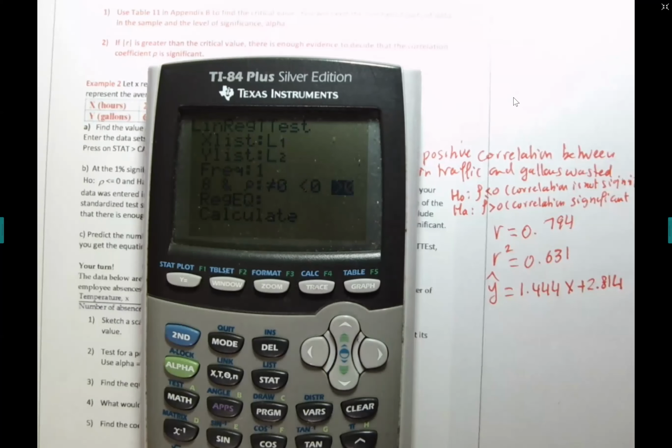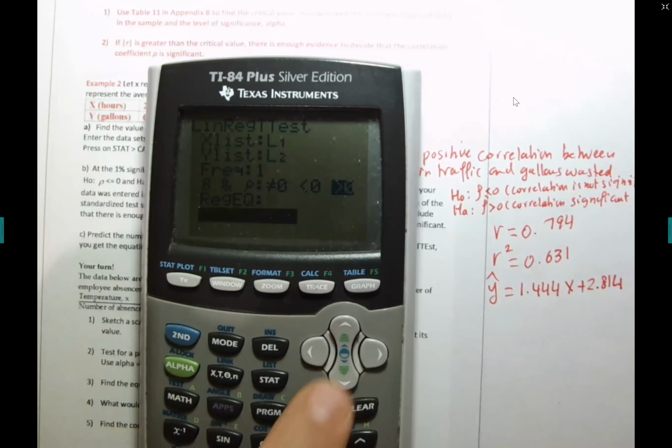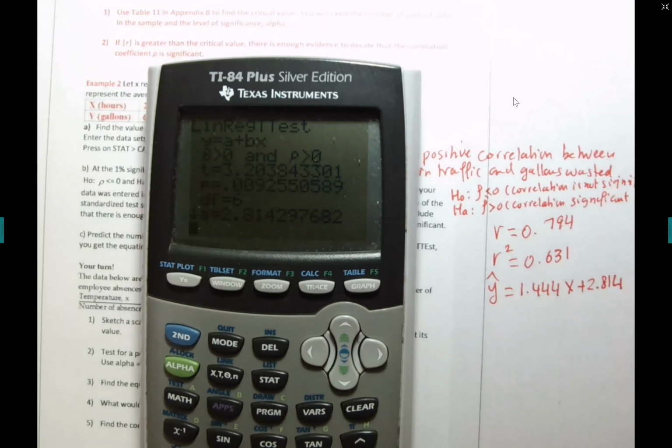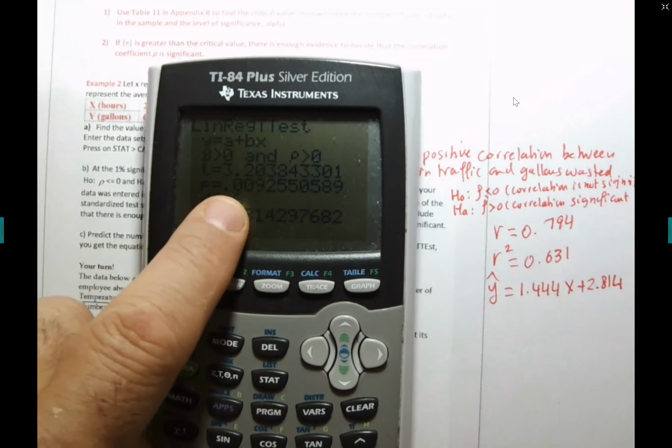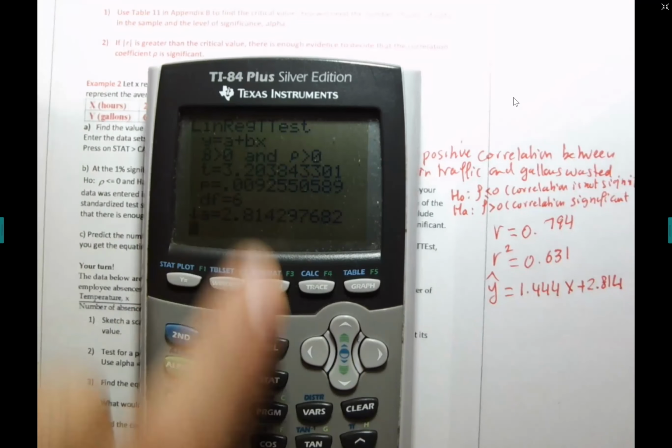He's asking us to test for positive correlation, so greater than 0. A student asked me about this: don't enter anything here. You don't need to enter anything, just hit calculate. T is 3.204 and the p-value is 0.0093.